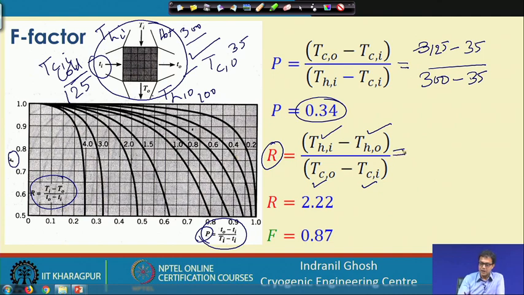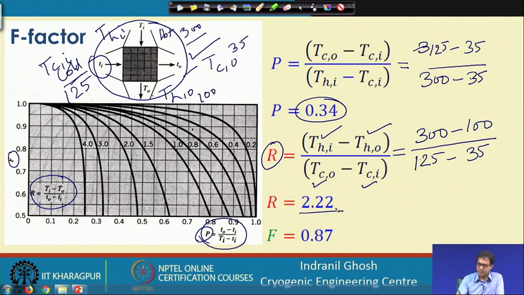Similarly, the R value is T hot inlet 300 minus T hot exit 100, divided by TCO 125 minus TCI 35, and we find R equals 2.22.